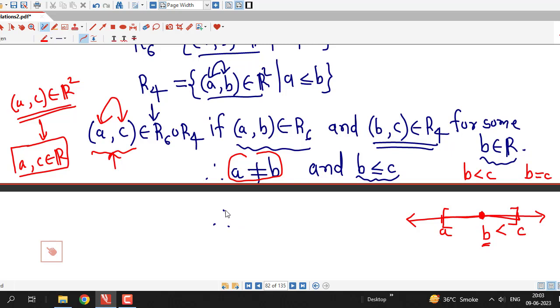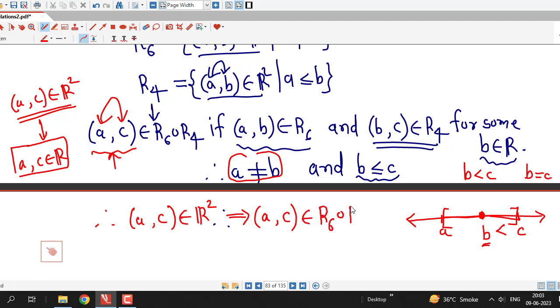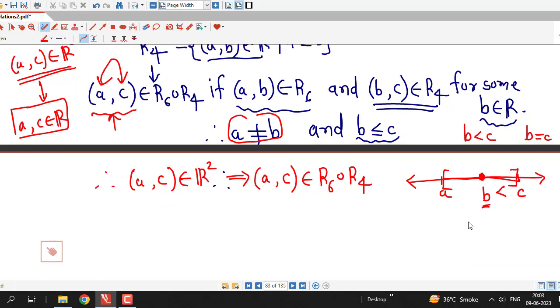So what is the meaning of this? If we take any ordered pair (a, c) in R2, then this implies that the ordered pair (a, c) is in R6 composite R4 also. That means R2 is a subset of the relation R6 composite R4. Why is R2 a subset of R6 composite R4?